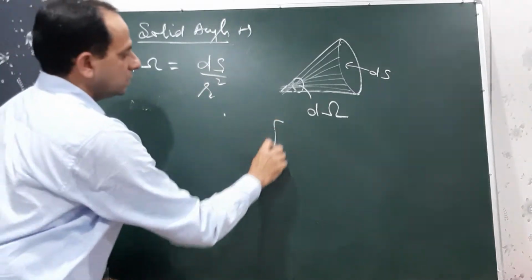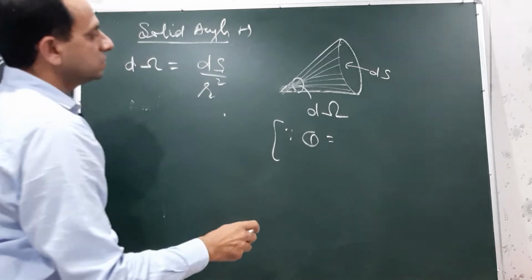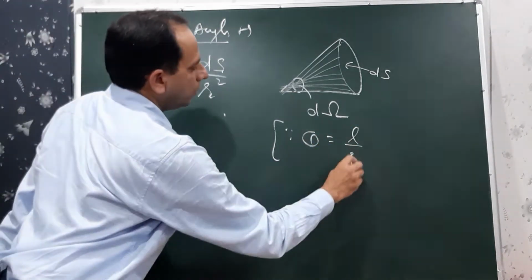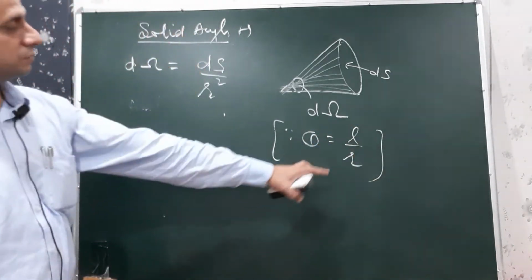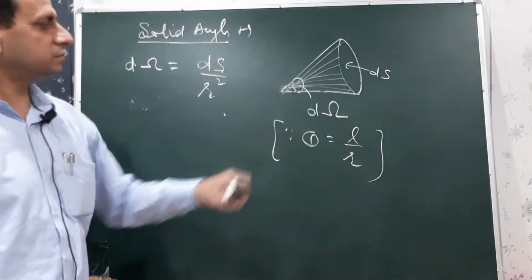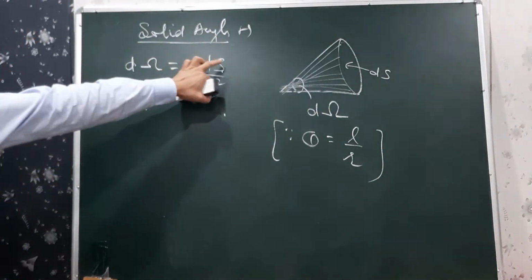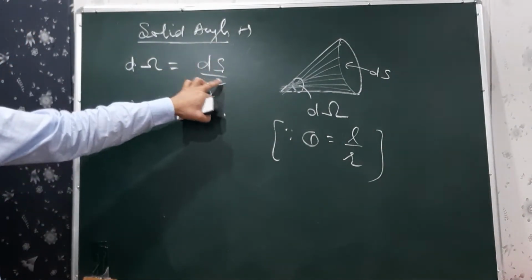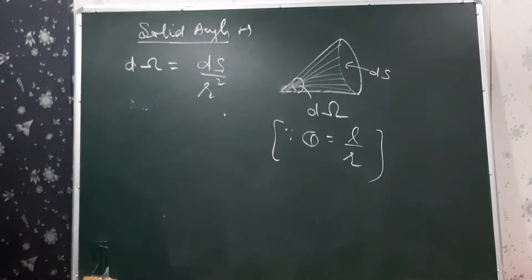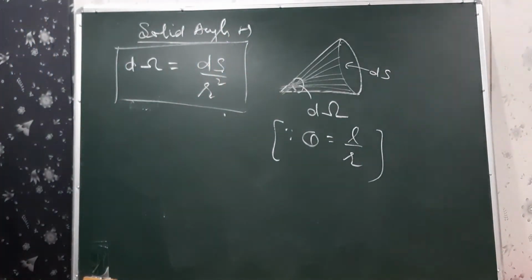As we know, the plane angle theta can be written as theta is equal to L upon r, where r is the radius and L is the arc. So, arc upon radius is called theta. Similarly, area ds upon r square is called solid angle. So, this is the mathematical definition of the solid angle.